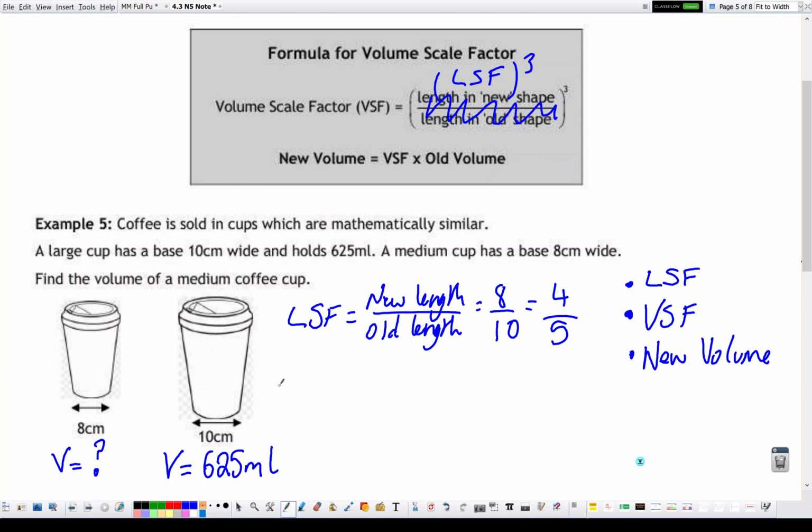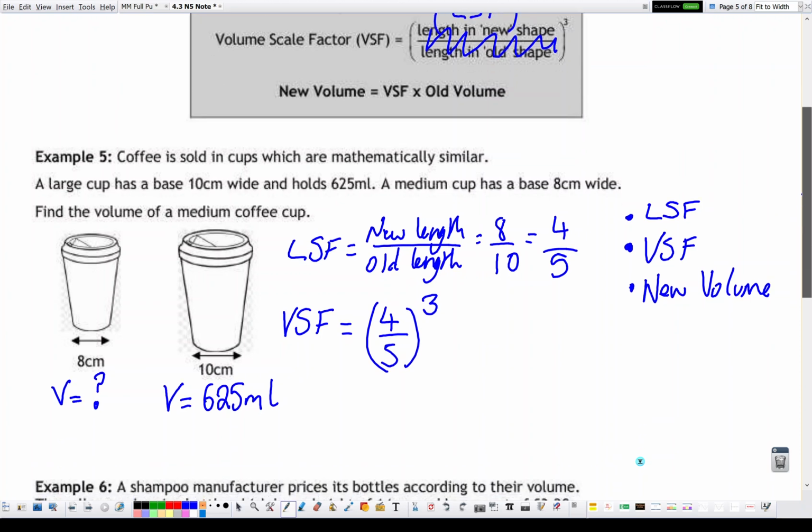Okay, the volume scale factor is 4/5 cubed. Okay, now actually at this point we don't need to work out what 4/5 cubed is. Now I know we've done that previously, but with the area scale factor we did the top squared over the bottom squared, we actually don't even need to do that.